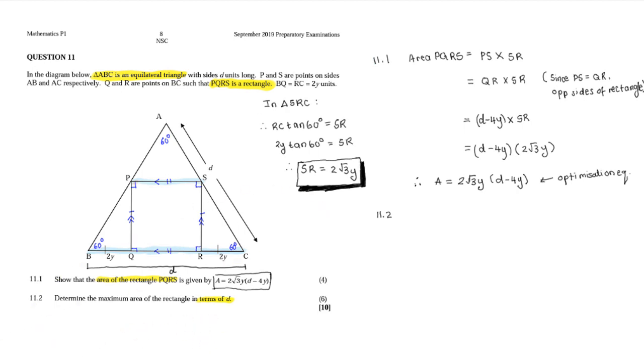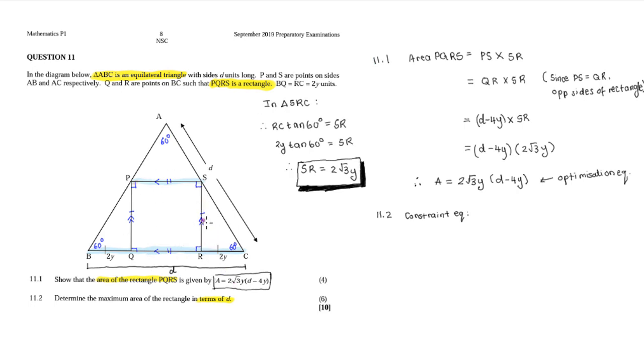So we are going to need a constraint equation. For our constraint equation, we are going to use the fact that I pointed out in the beginning: PQRS is a rectangle and PS is parallel to the side BC, so we have the triangle proportionality theorem. We can take out some proportions from this triangle.